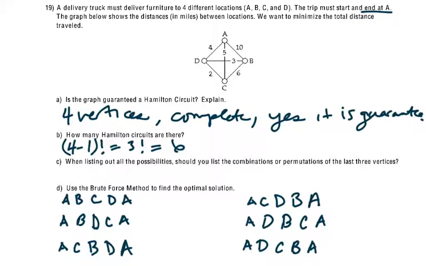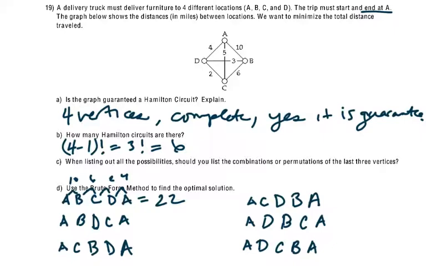Then we add up the cost for each of those circuits. A to B is 10 from the graph, B to C is 6, C to D is 2, and D to A is 4. So I would add that up. That gives me 22: 10 plus 6 plus 2 plus 4.